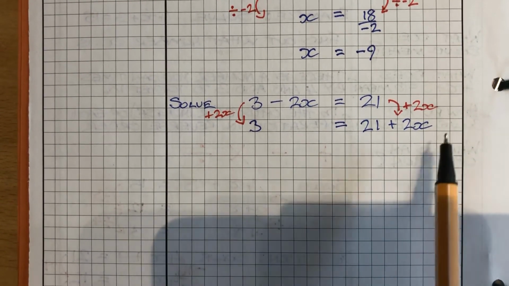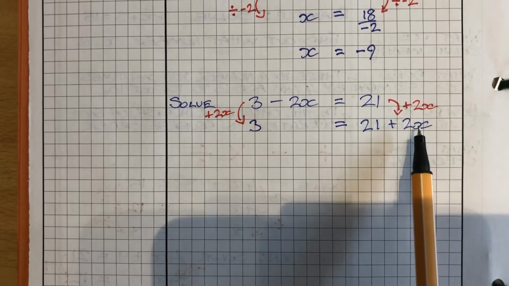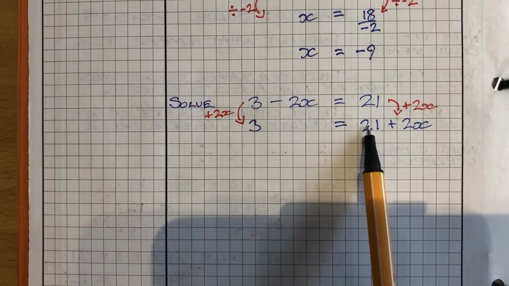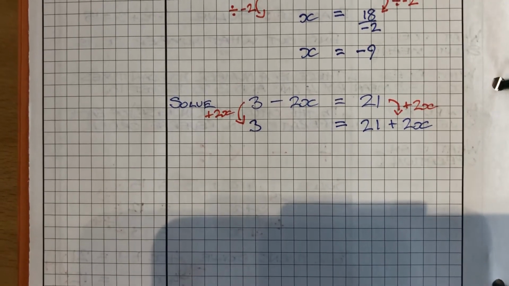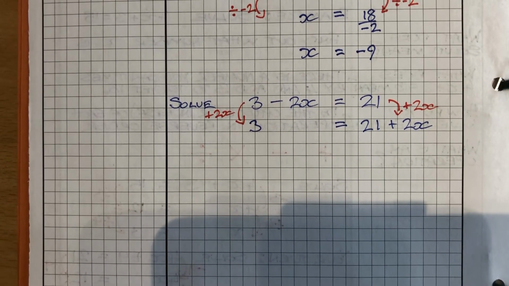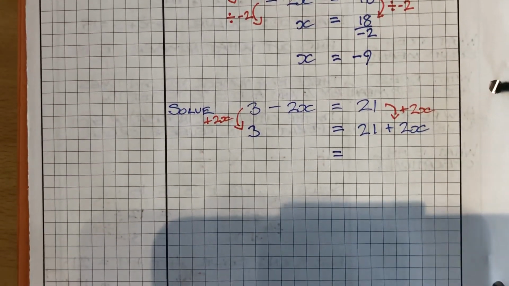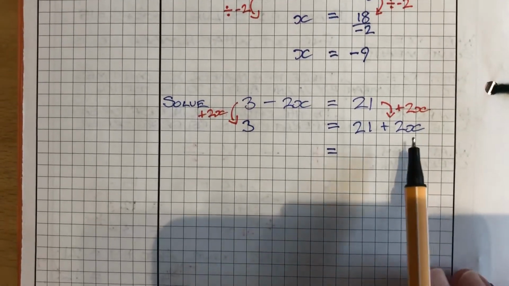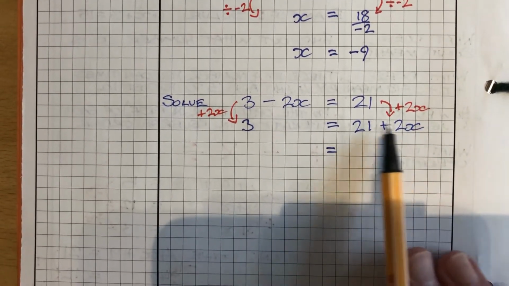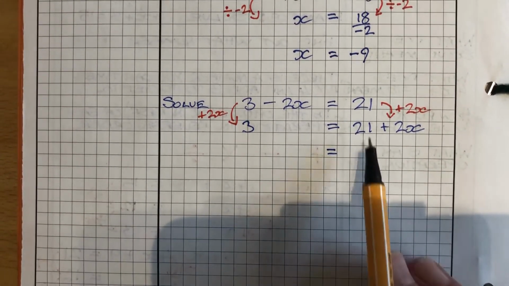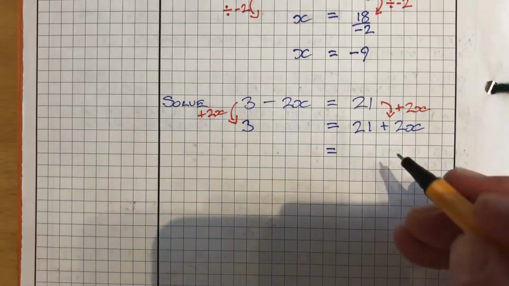Or I could read this backwards. 2 lots of my number add 21 is 3. Works exactly the same. All right, I want x on its own on this side. Why isn't it on its own at the moment? Well, it's been multiplied by 2 and 21 has been added on. Let's get rid of the add 21.